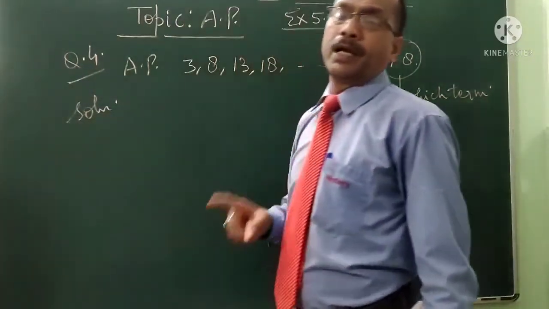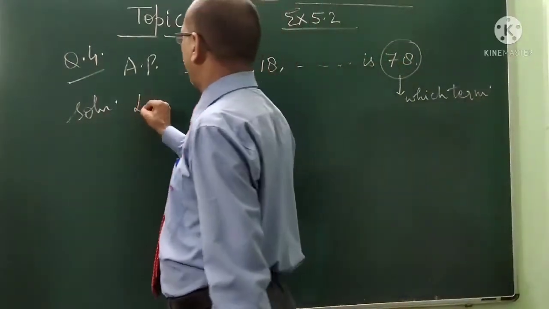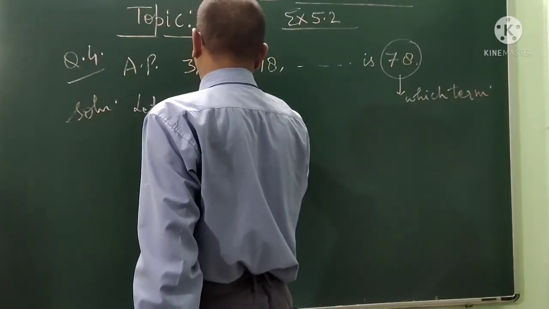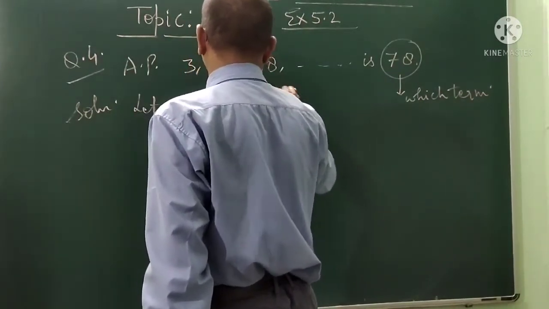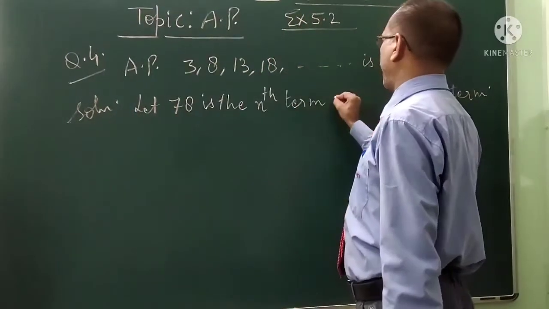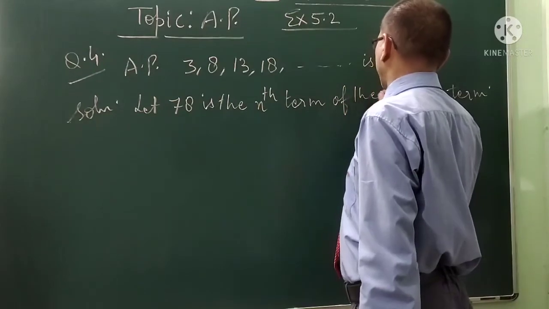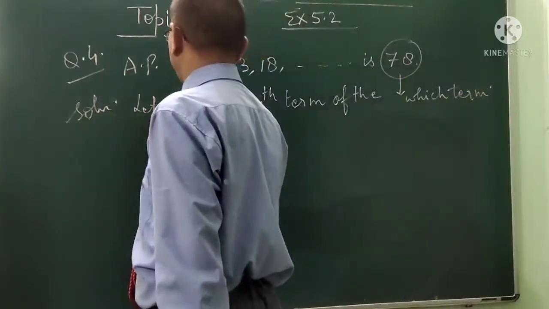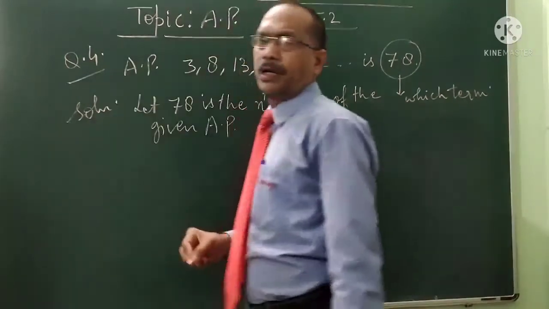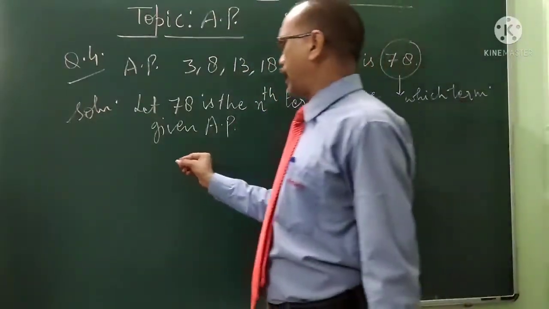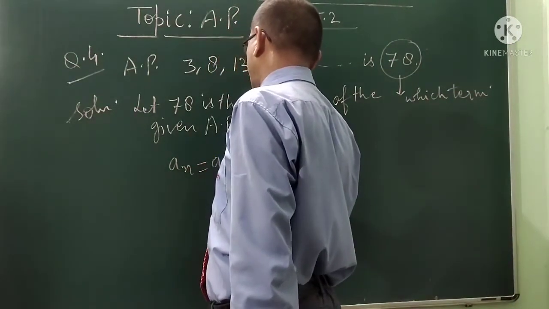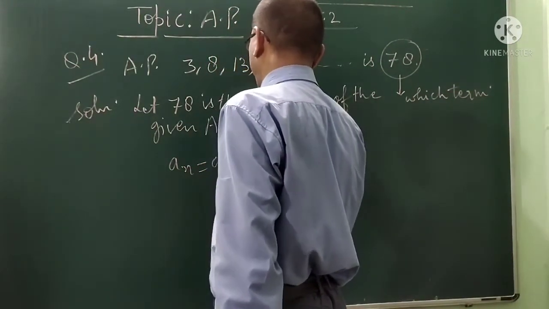Now, let 78 be the nth term of the given AP. Therefore, the formula for the nth term is an equals a plus n minus 1 into d.